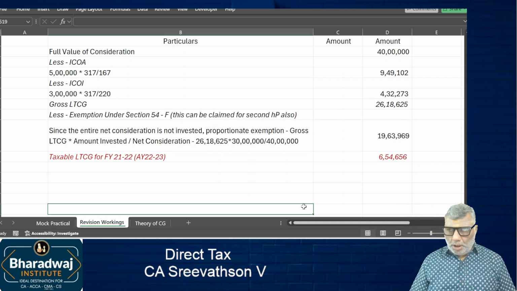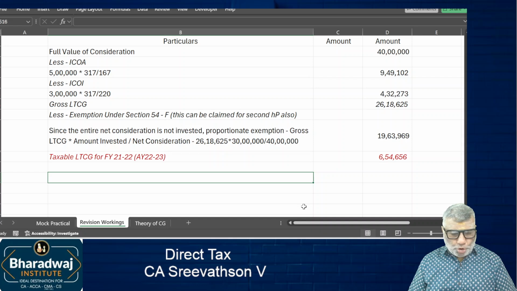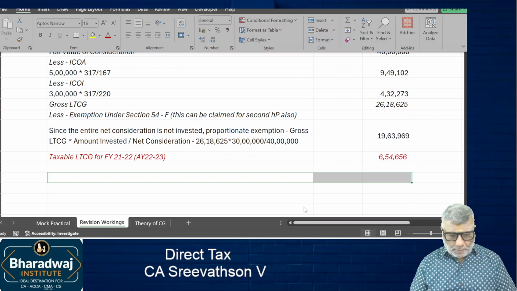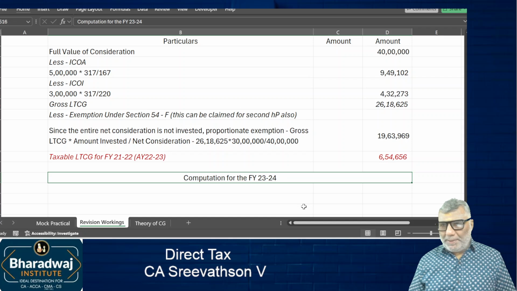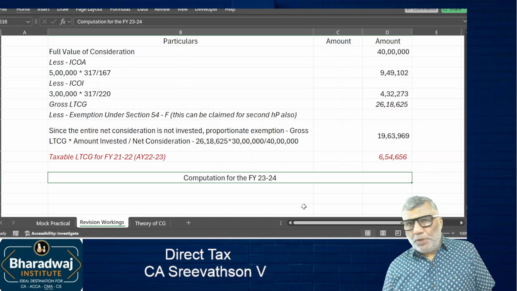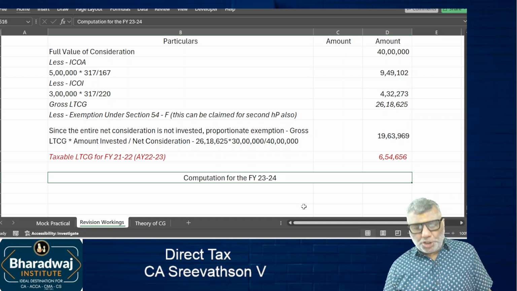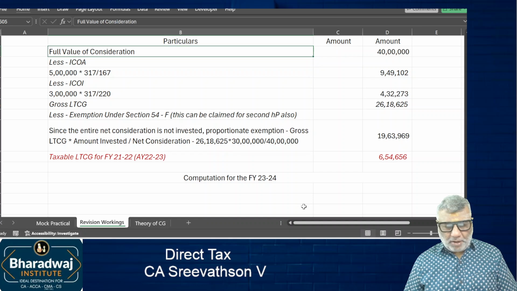Now my computation goes to the financial year 23-24. Though there is no capital gains this year, computation for the financial year 23-24.